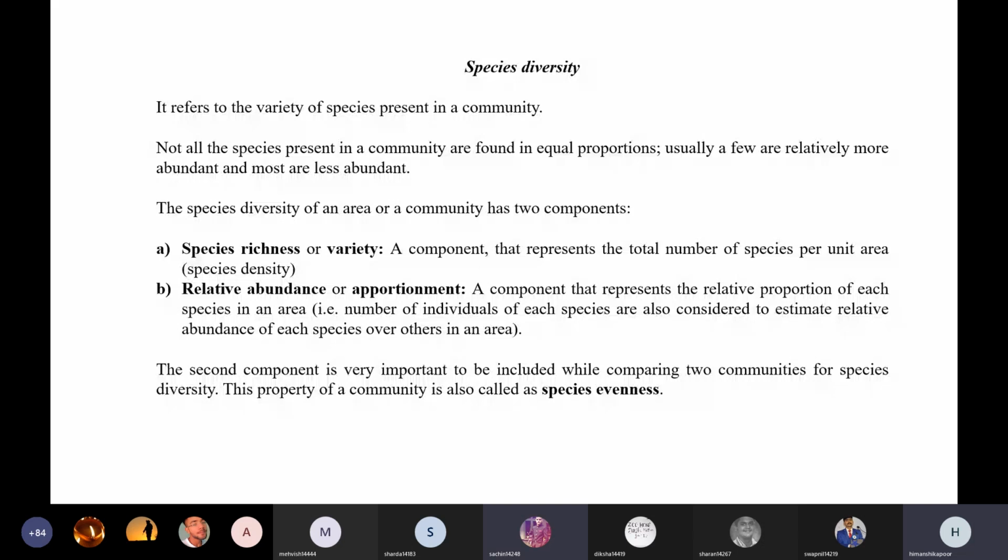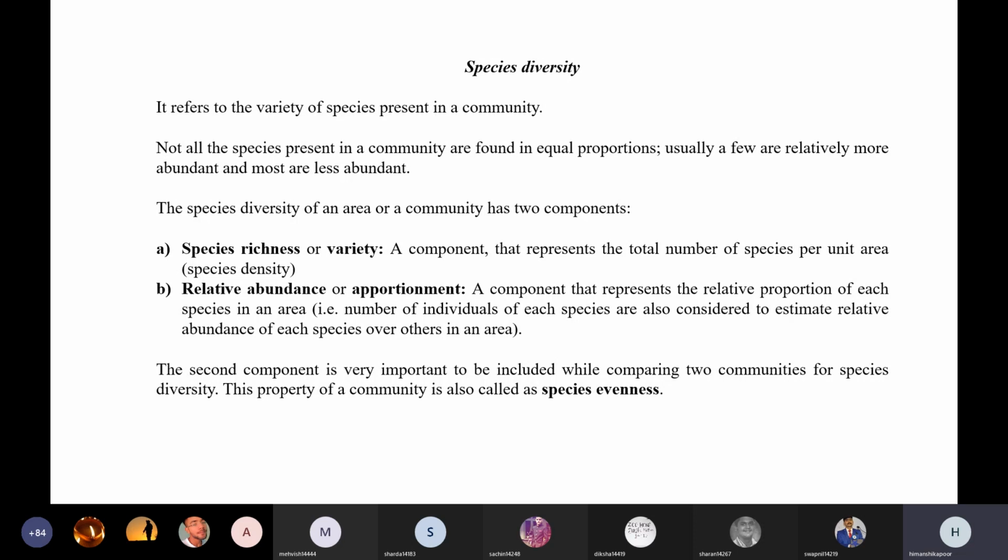And when almost all the species are in more or less equal abundance, then we can say that there is species evenness in the community. So we have two parameters, species richness and its abundance.